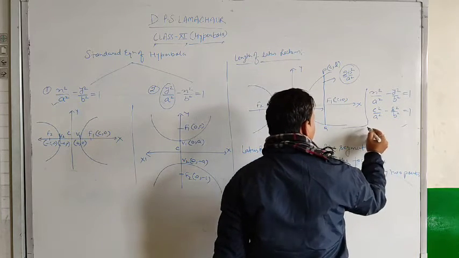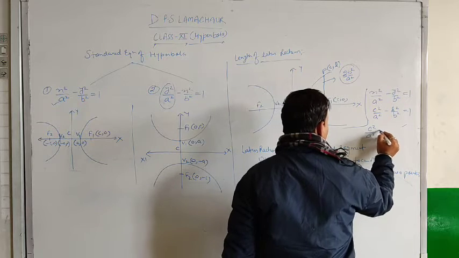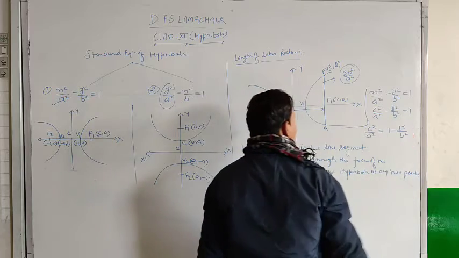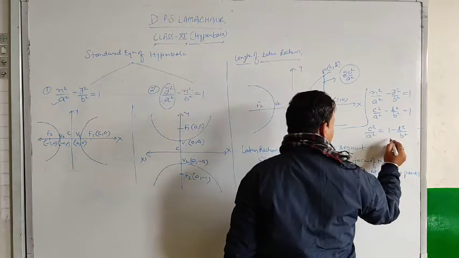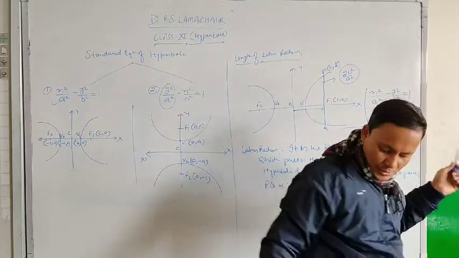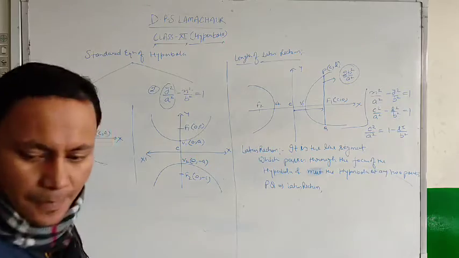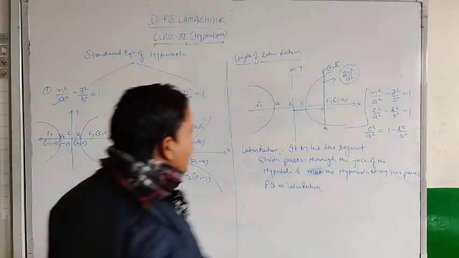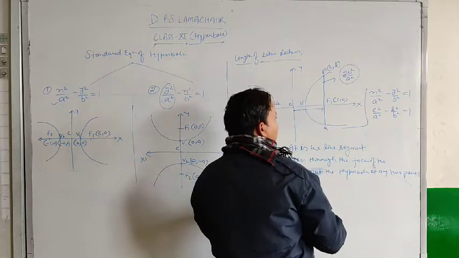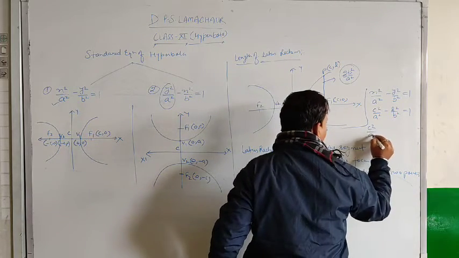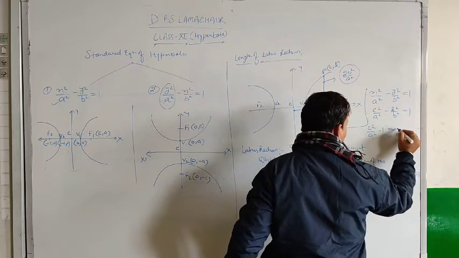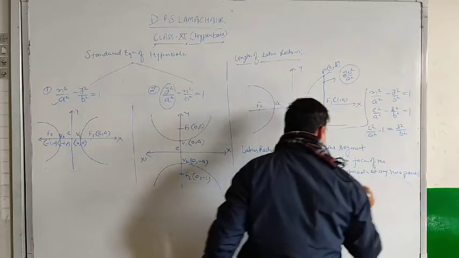On solving these, what will you get? c square upon a square is equal to 1 minus l square upon b square. From there we have to find the value of L. We shift c square upon a square to the right hand side, so we can write it like c square upon a square minus 1, taking 1 to the left hand side and shifting l square upon b square to the right hand side.